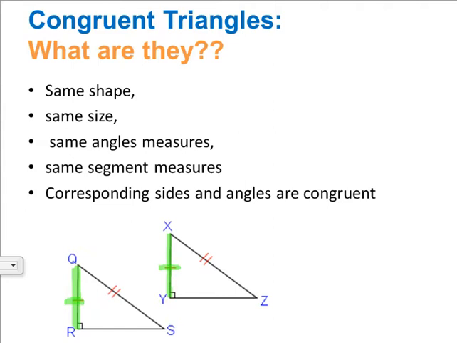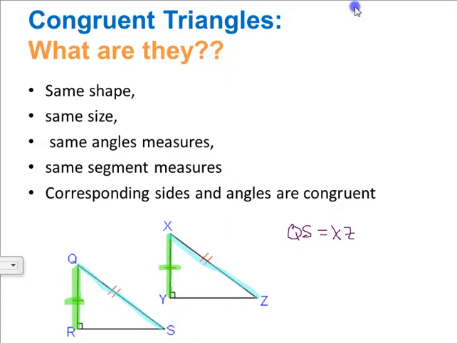If we look at our hypotenuse, we can see that there are also 2 ticks on those, and that lets us know that side QS is equal to side XZ. So remember, those little ticks help us to know that the sides are congruent. So just a review about that.